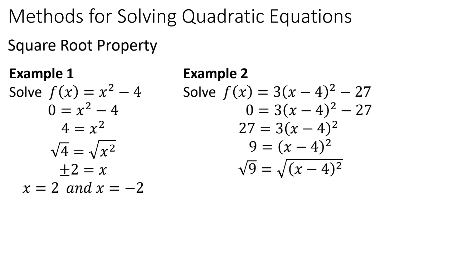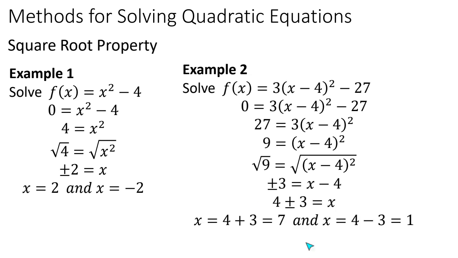Now the term that is being squared is by itself, so we can take the square root. The square root and the power of 2 are going to become 1, or they cancel. So we get x minus 4, and the square root of 9 is plus or minus 3. Now we can add 4 on both sides, so we get 4 plus or minus 3 is equal to x.